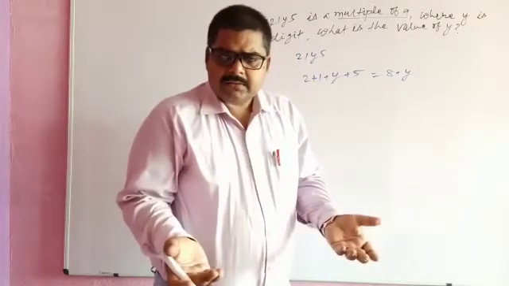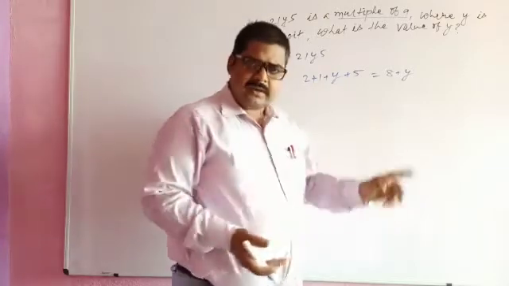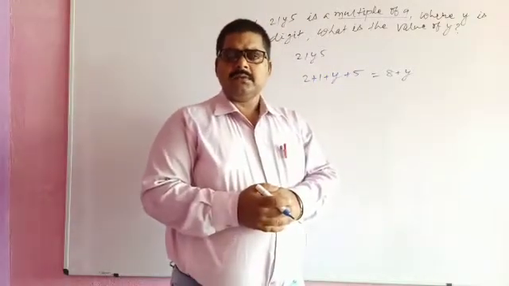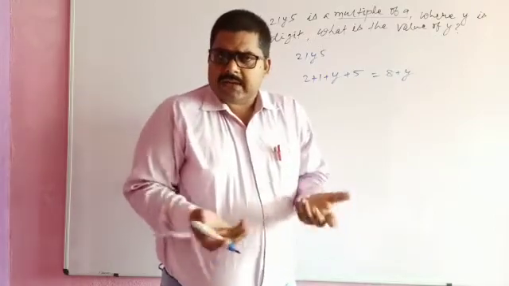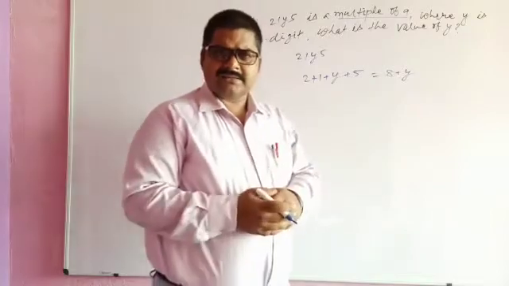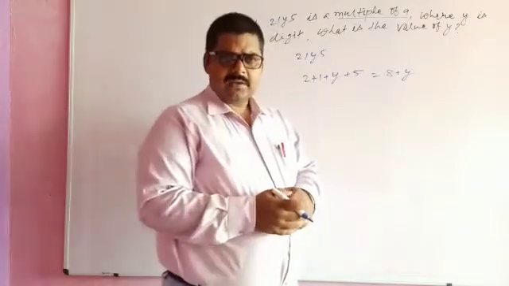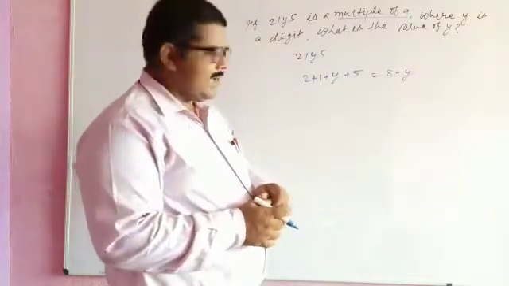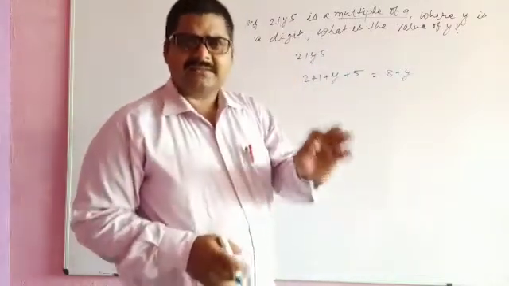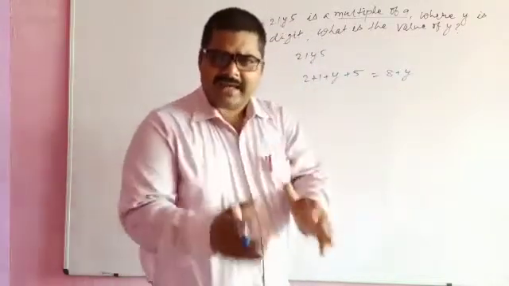You know that the sum of the digits must be divisible by 9. And you know that 9 ones are 9. So the least number is 9. And you know very well that 8 is added to 1 to get 9.